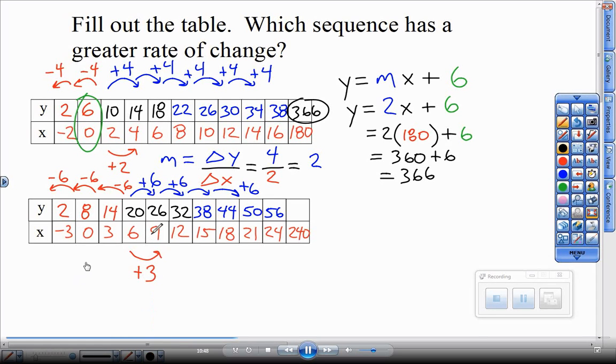Now to get the equation for this sequence or table, my y-intercept is already there, but my slope, again, my m number is the change in y over what's changing for x. So this is going to be 6 over 3, which reduces to 2.